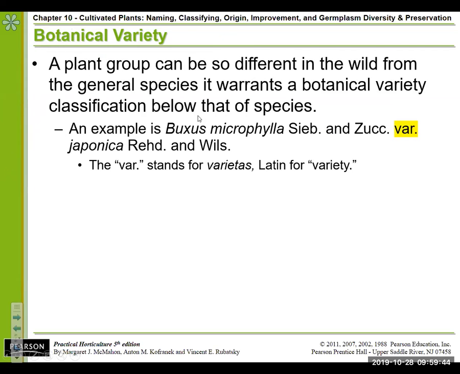For example, we've got var., V-A-R period, and that is referring to a botanical variety found in the wild. In this case, Buxus microphylla, which is our standard boxwood, of the variety japonica. That would refer to the Japanese small leaf boxwood that is only found in one particular geographic area.